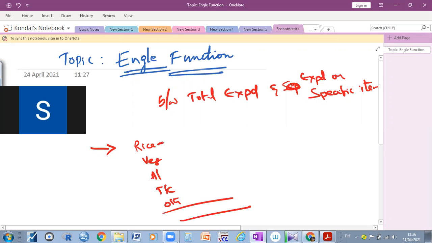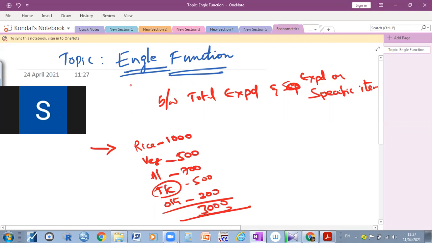For example, rice consumption per month is 1,000 rupees, vegetables 500 rupees per month, alcohol 700 per month, traditional customs, for example for festivals, on average 500, and others may be 300. So how much is your total expenditure? It is about 3,000.